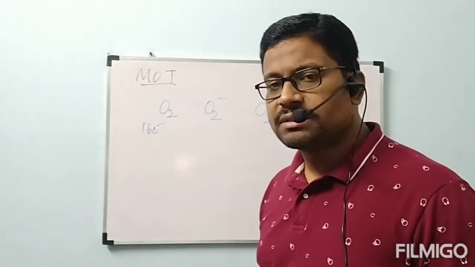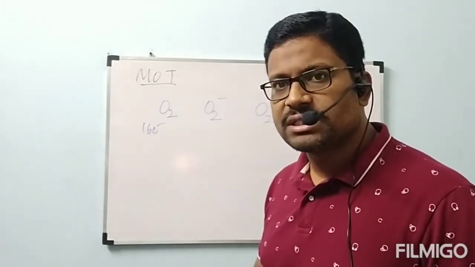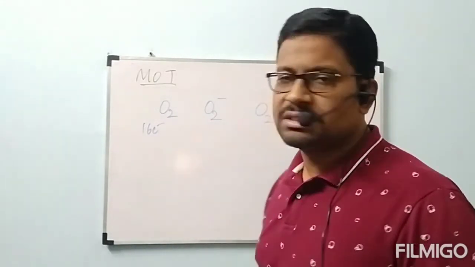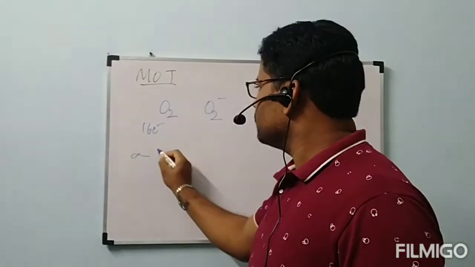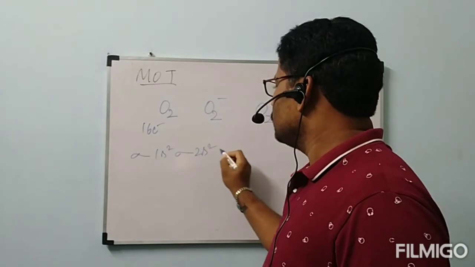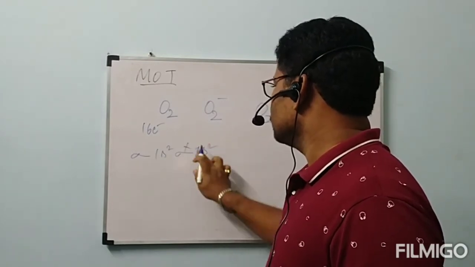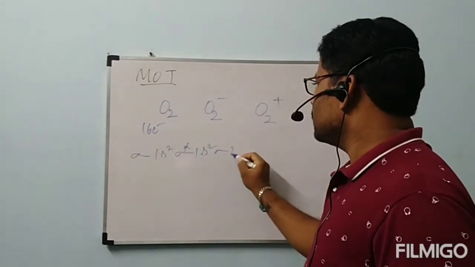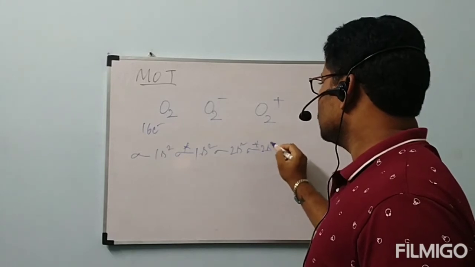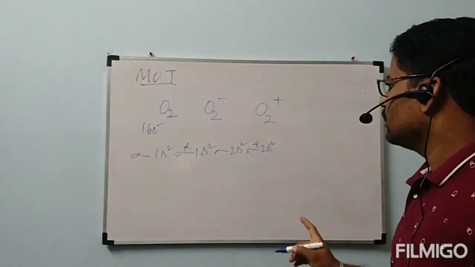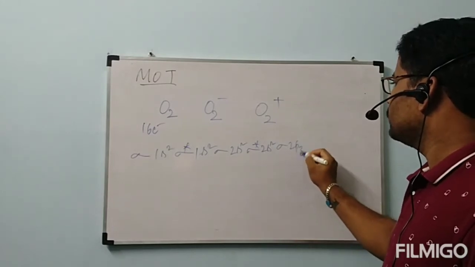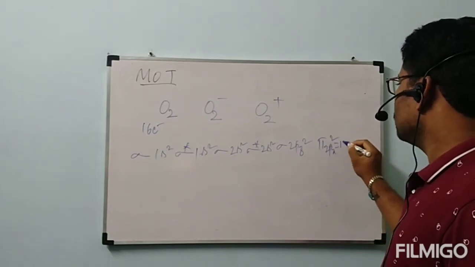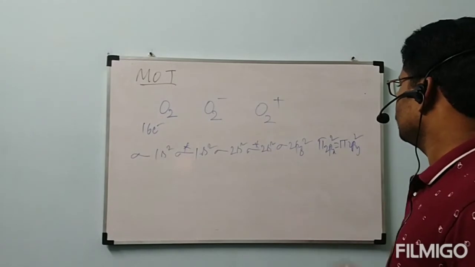So totally, how many electron system is this? 16 electrons. Which configuration do we have to follow? For a system greater than 14 electrons, we follow this configuration: sigma 1s2, sigma star 1s2, sigma 2s2, sigma star 2s2, next sigma 2pz2, pi 2px2 equal to pi 2py2.